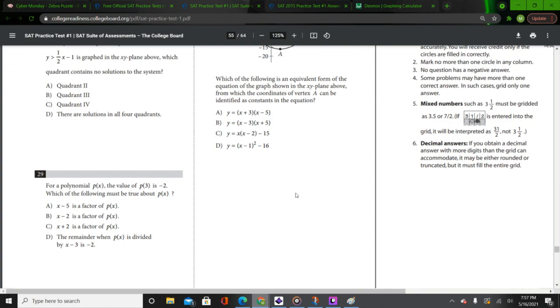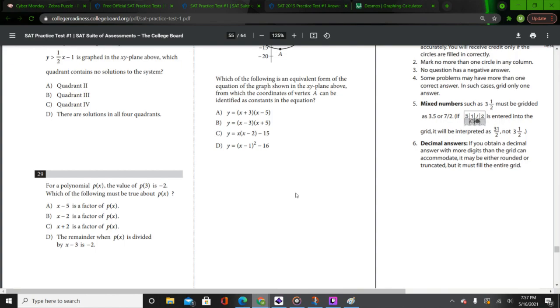For polynomial p of x, the value of p of 3 is -2. Option: x minus 5 is a factor of p of x. Well, let's see.